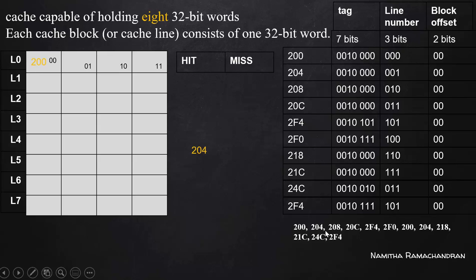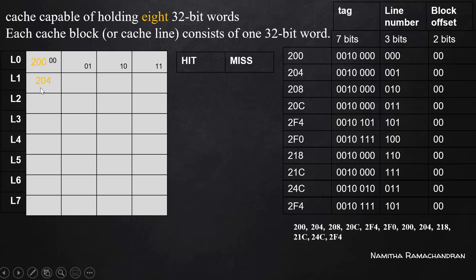Next, 204, which is not present here. For 204, we need to transfer the word containing the byte with address 204 into which cache line? 001. That means line number 1. The byte with address 204 must be present in which byte position?